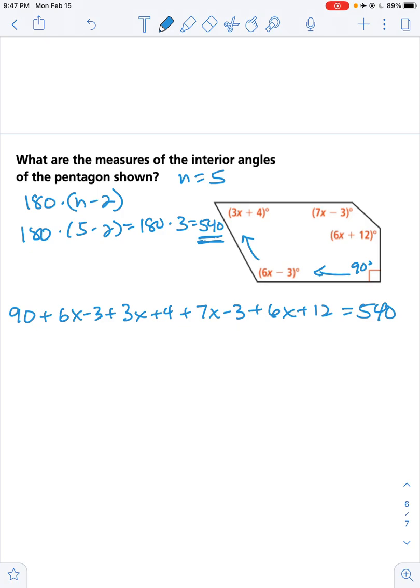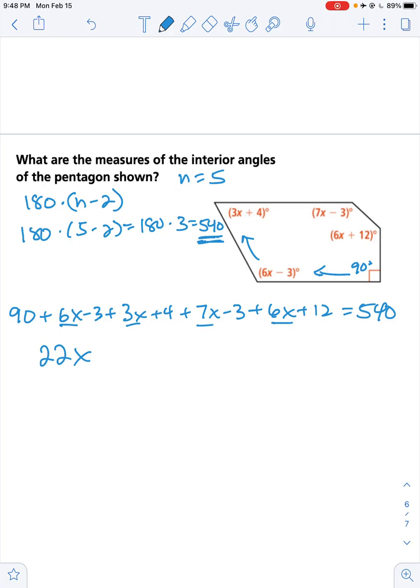So now I just need to combine like terms and solve for x. So let's see, all of my x's are here. So we have 6 plus 3, 9 plus 7, 16 plus 6, 22. So I have 22x. Let me double check my math, make sure I got that right.